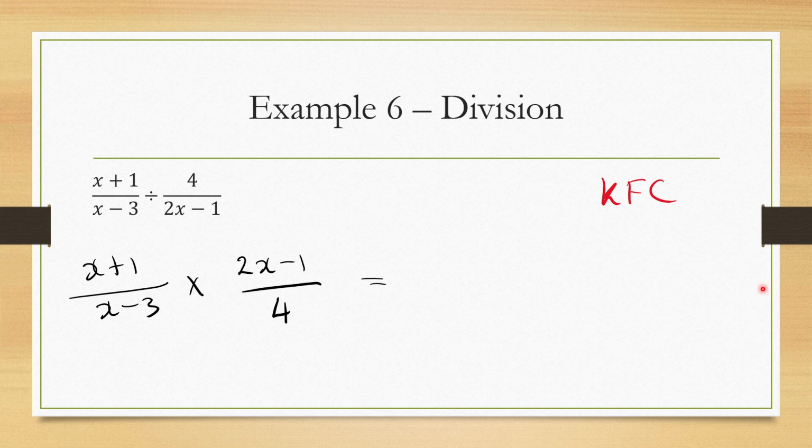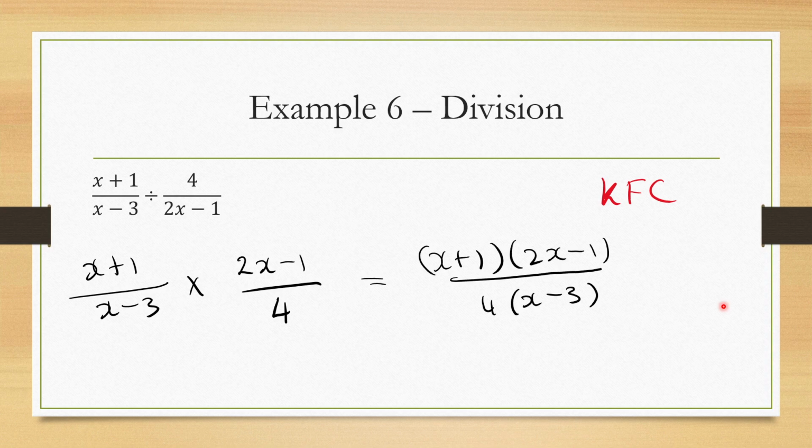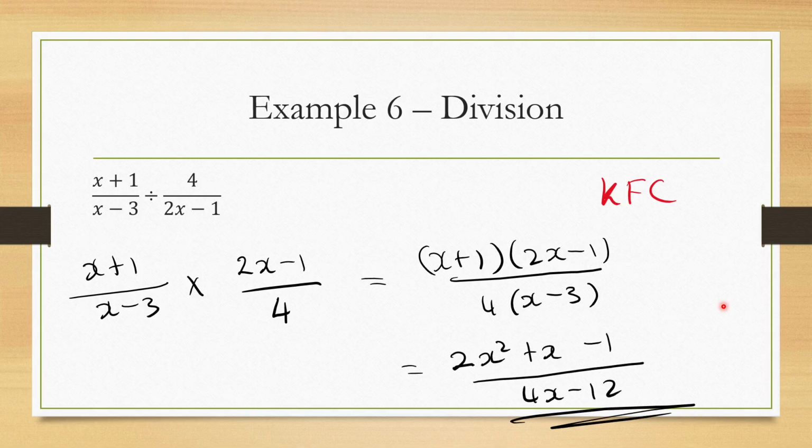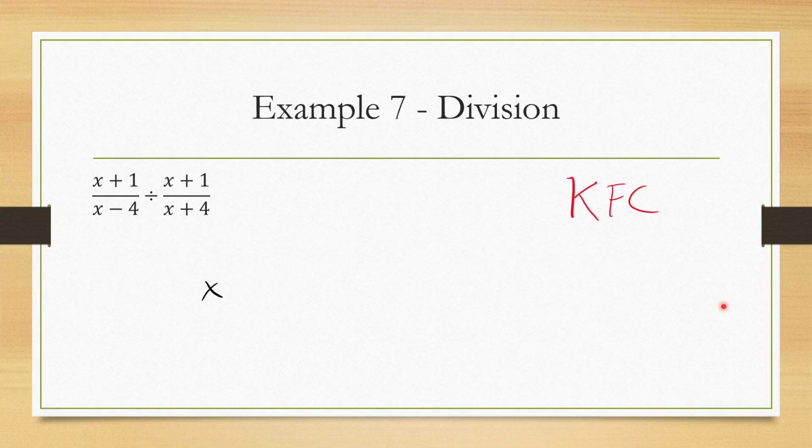Numerators are going to be multiplied and denominators are going to be multiplied. Now it's just simple multiplication of fractions. Now you're going to expand out the brackets. So it's going to be 2x squared plus x minus 1 over 4x minus 12. So this is the answer that you get for this fraction.